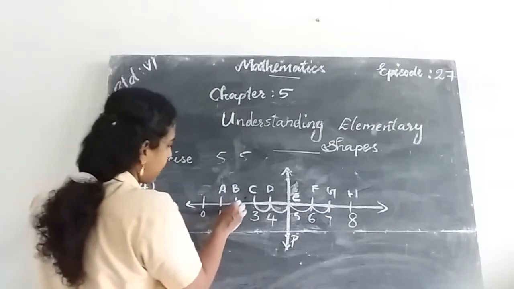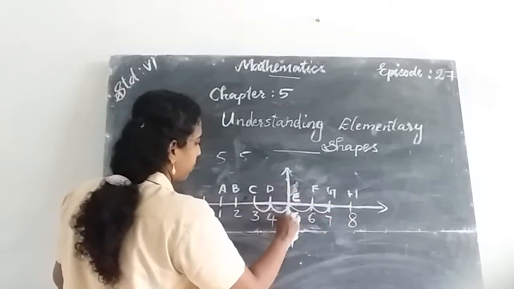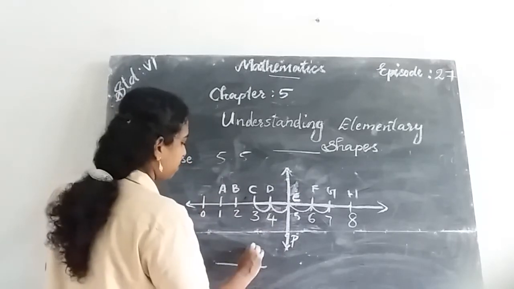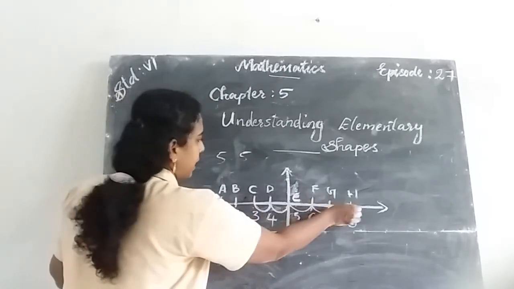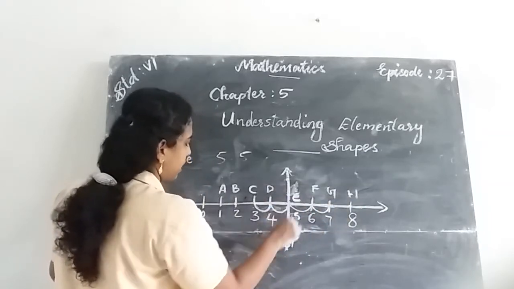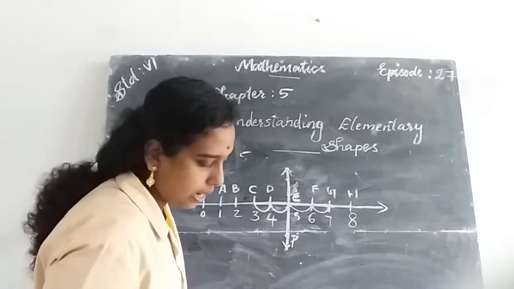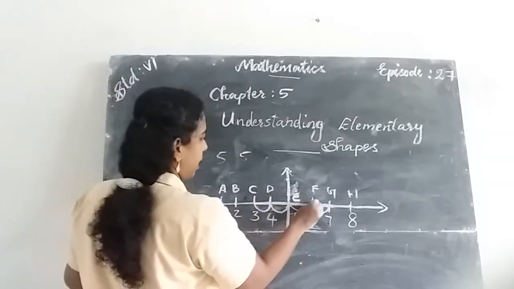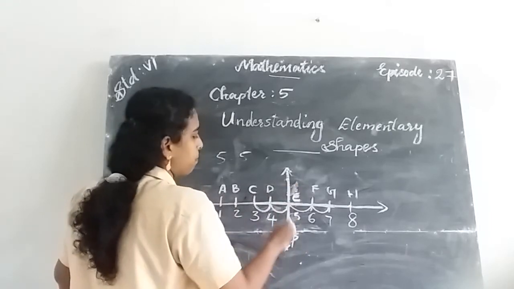Here we take the line segment from B to H, and PE is a perpendicular line segment. Perpendicular means like this. Okay, so we take BH, then PE is a perpendicular bisector. And if we take another line segment, that is DF, PE is also a perpendicular bisector.